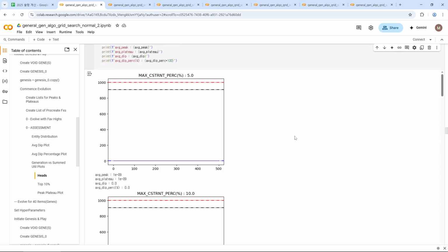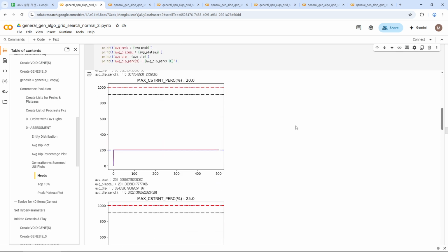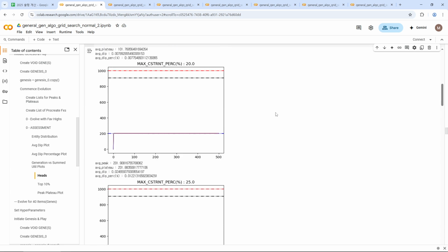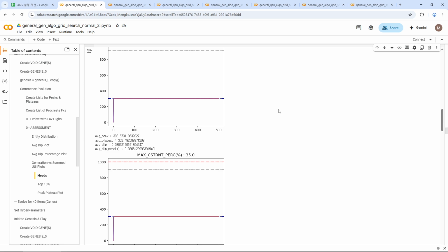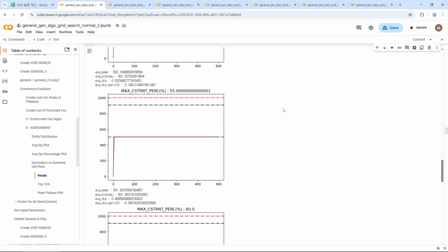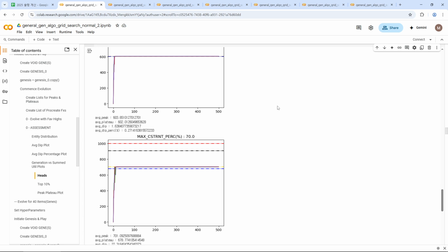So these are the plots for the heads, top entities. Here the thing we have to look out for is the black line, when the plot hits the black line. We go down and we still haven't hit the black dash dotted line yet.